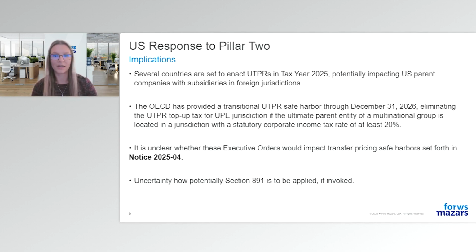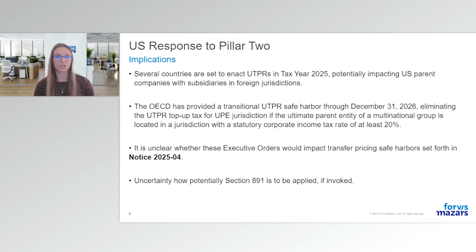on Pillar 1. So it's not clear if these executive orders will impact the OECD simplified and streamlined transfer pricing rules for those certain marketing and distribution transactions, the Pillar 1 Amount B. The IRS had informed taxpayers previously in Notice 2025-04 that they could rely on those transfer pricing safe harbors with some modifications beginning in tax years starting January 1st, 2025.